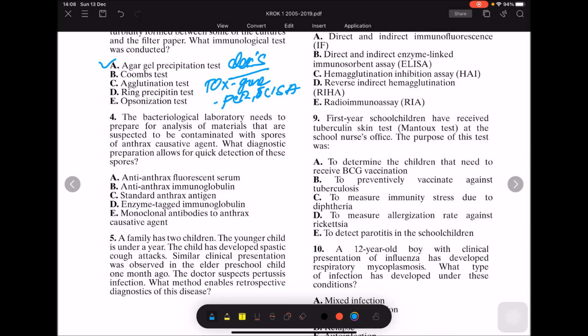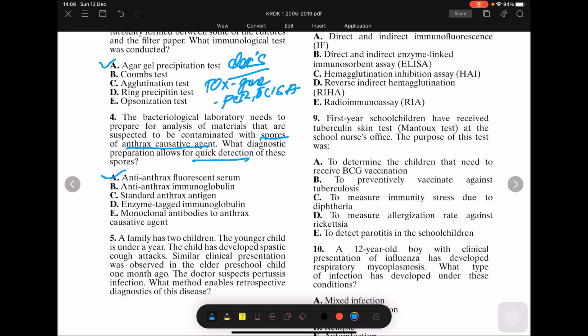The next question: the bacteriological laboratory needs to prepare for analysis of a material that is suspected to be contaminated with the spores of the anthrax causative agent. What diagnostic preparation allows for quick detection of these spores? To check for anthrax, for rapid detection, we have to use an immunofluorescent microscope. In that we can see the anthrax illuminate like fluorescent in the microscope.